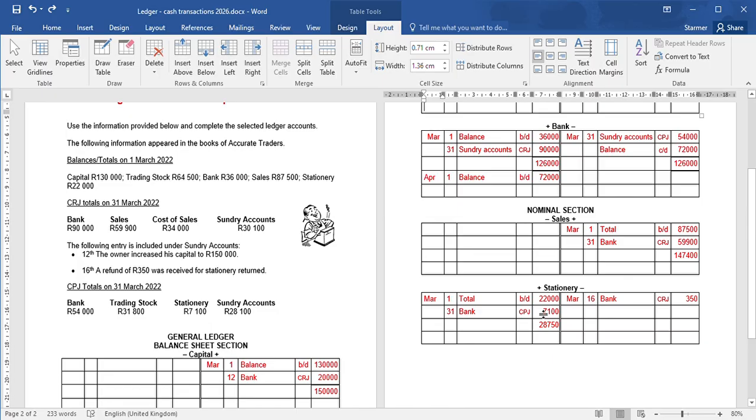So in other words, 22,000 plus 7,100 minus 350 gives you the 28,750. You don't write any words or details next to that. Okay, so unlike the balance sheet section where you've got to write balance carried down and brought down, in the nominal section you just write the answer.